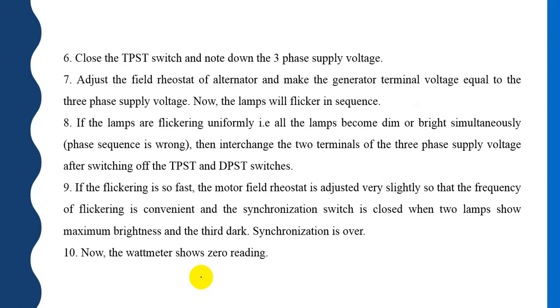Next, once you check the synchronization conditions, close the TPST switch and note the three-phase supply voltage, where it is the three-phase supply machine. So adjust the field rheostat of the alternator and make the generator terminal voltage equal to the three-phase supply voltage.